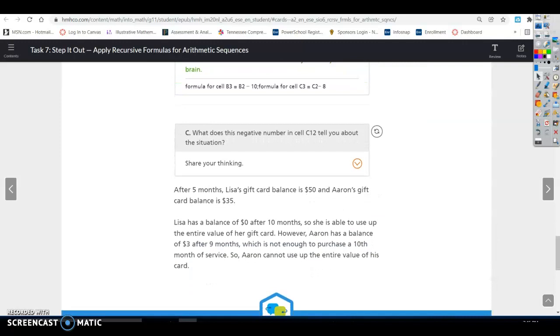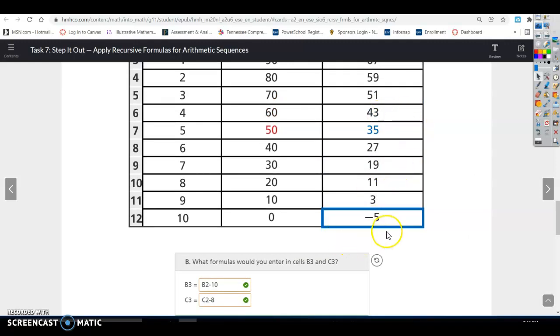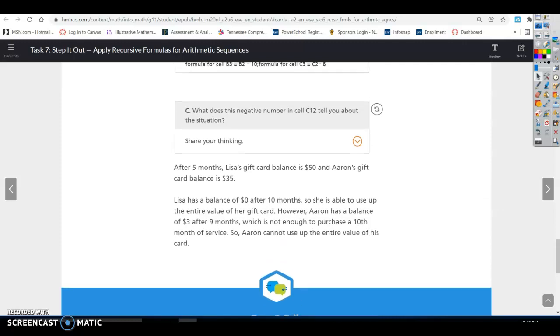All right, so what does this negative number in cell C12 tell you about the situation? All right, again, that means he did not have enough money on his gift card to purchase that month's subscription. So he had to stop after this month, and he had $3 left, so he did not spend his entire amount of money.